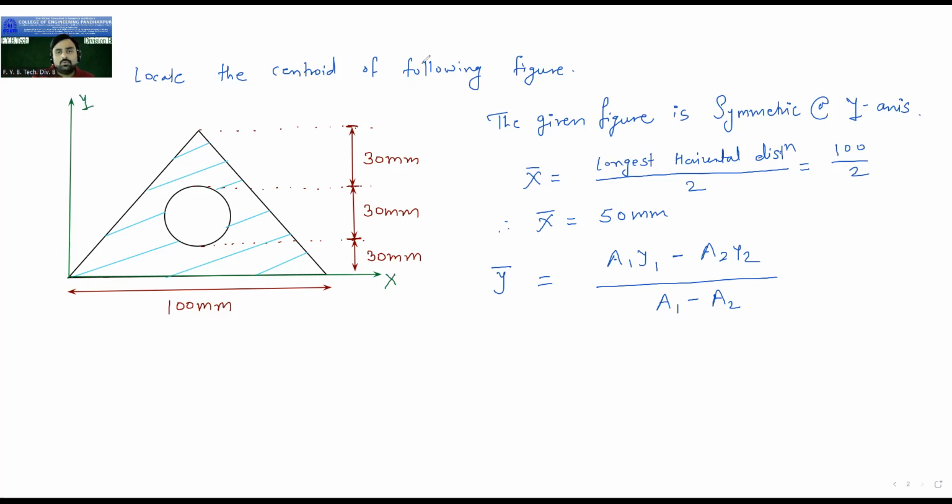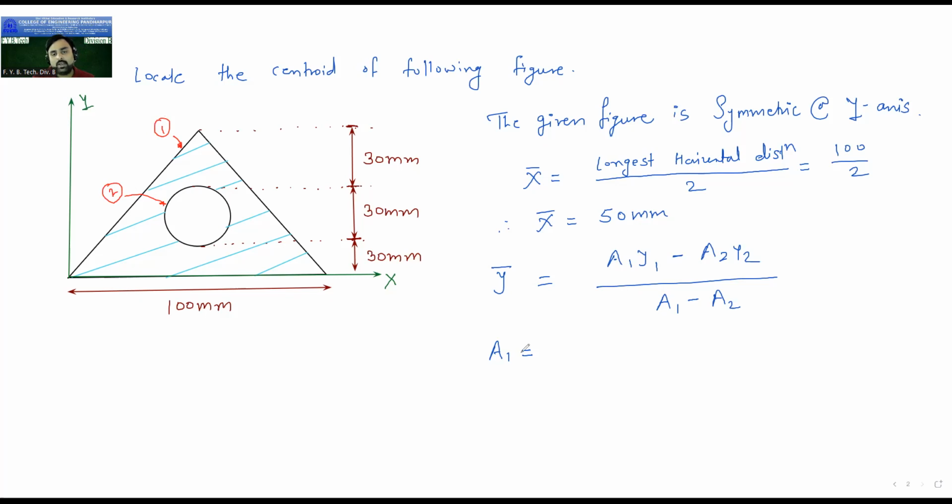So now we will calculate the values a1 and a2. A1 is the area of this triangle. My first figure is the triangle, and this circle is my second figure.